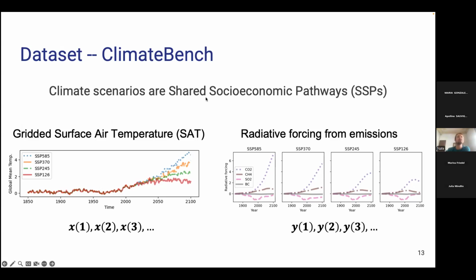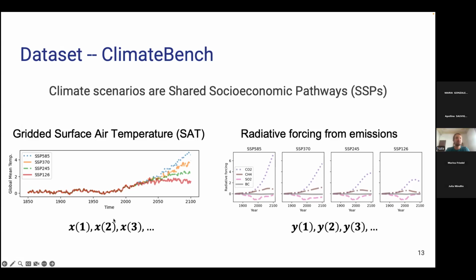So a climate scenario is, for example, SSP 585, or shared socioeconomic pathway 585, and then you can look at certain variables from these scenarios like surface air temperature, and it also comes with the radiative forcing information.